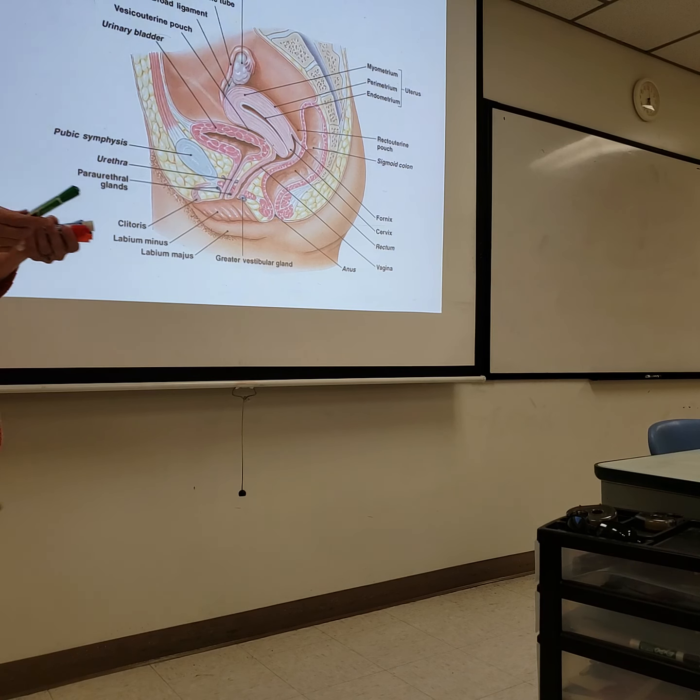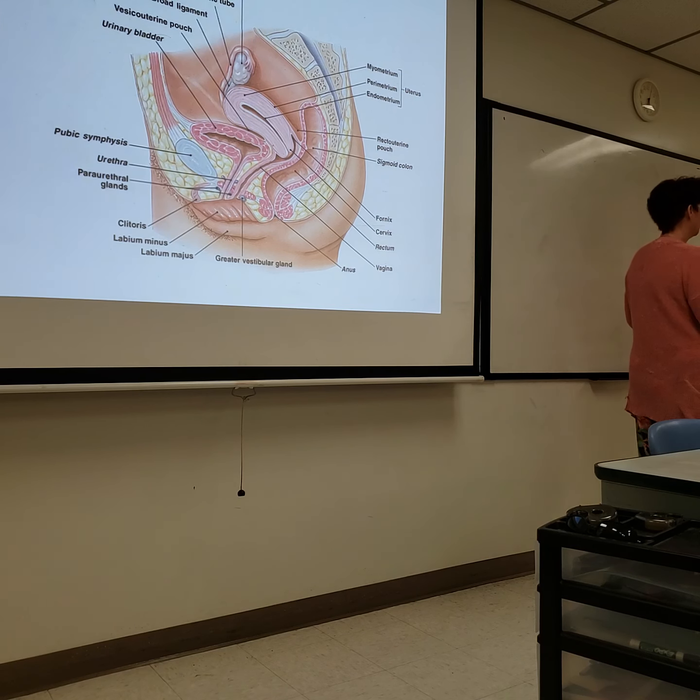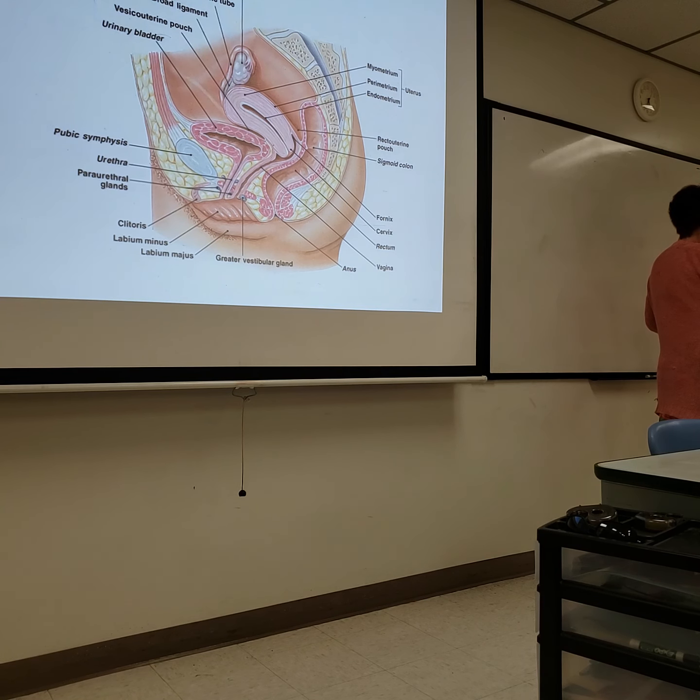So if you recall, we had in the male, what was the structure that formed the Sertoli cells around the male gametes, around the spermatogonia? So if we look at the developing embryo, we have the genital ridge, and that becomes the testis, and in the female, that becomes the ovary.